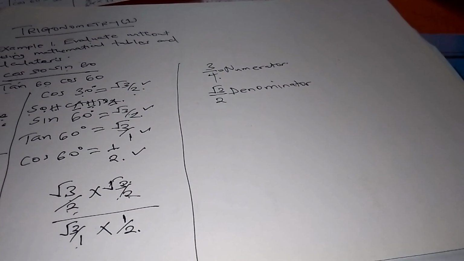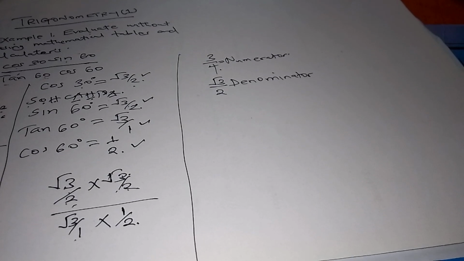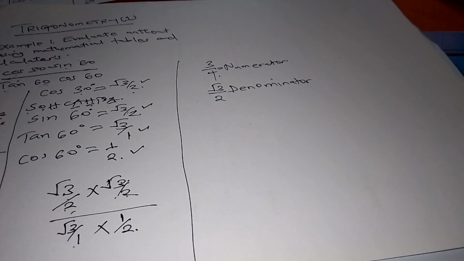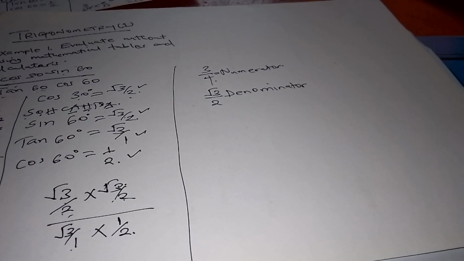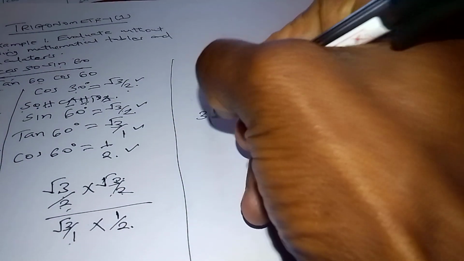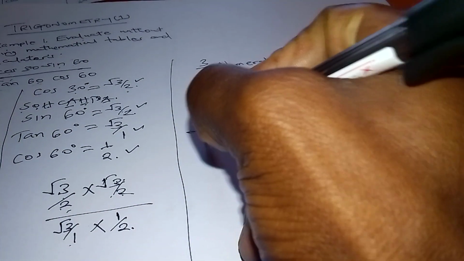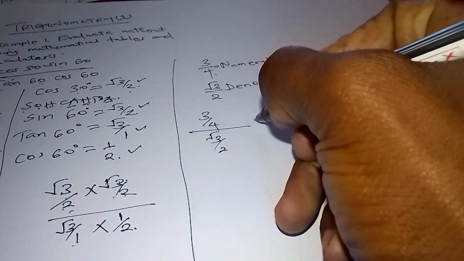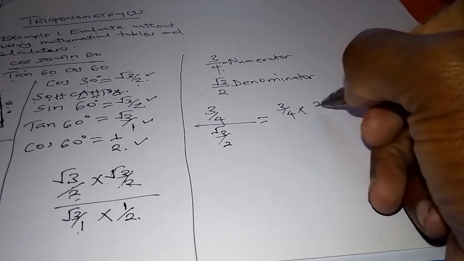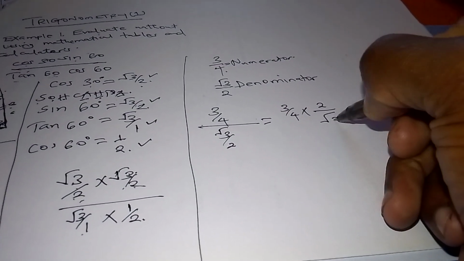Now if you have the numerator and the denominator, we can solve this together. It is simpler. What can we do? We can use the reciprocal rule to make it a single uniform thing. Now we have 3 all over 4 divided by root 3 all over 2. This is the same as 3 all over 4 times the reciprocal, which is 2 all over root 3.